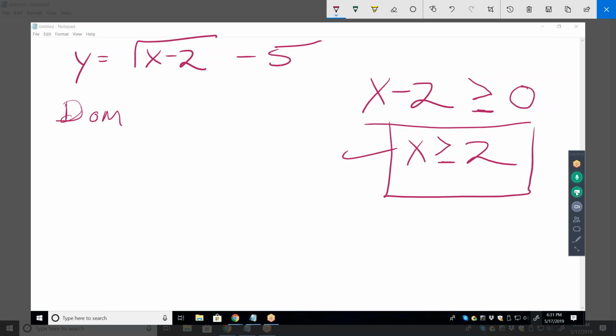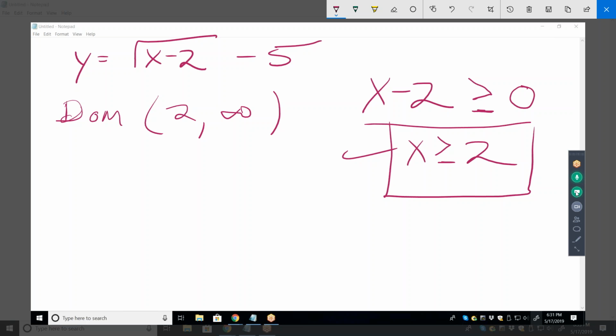Do you know what interval notation is? Okay, it would be like this, 2 to infinity. Okay? In other words, that says the same thing as this, except for one exception.